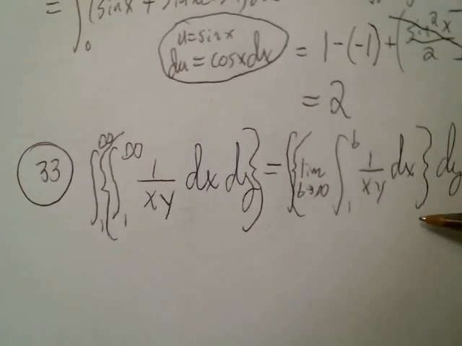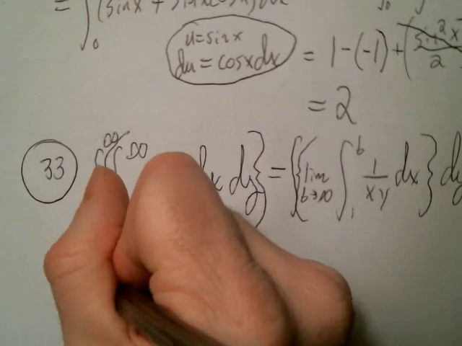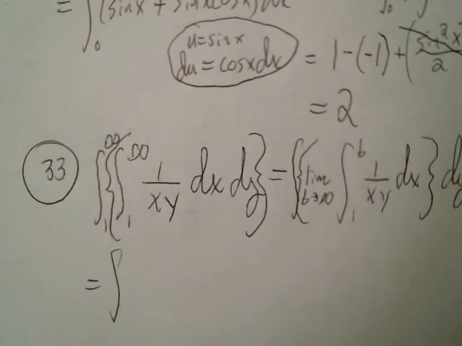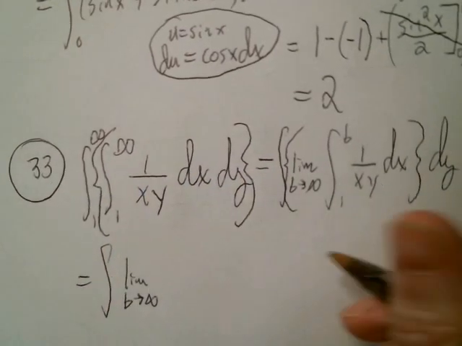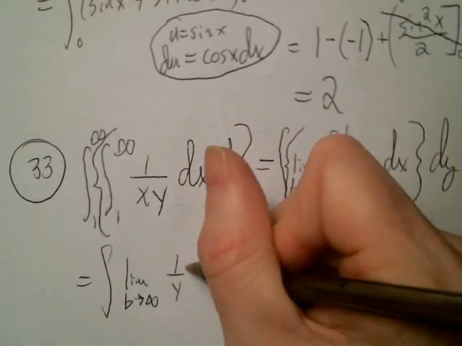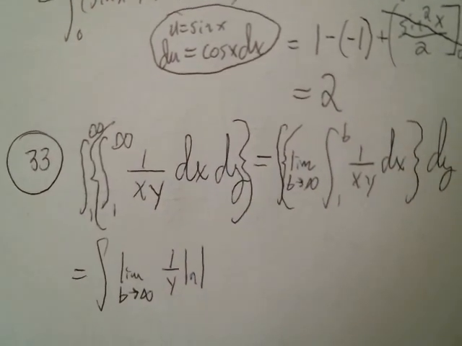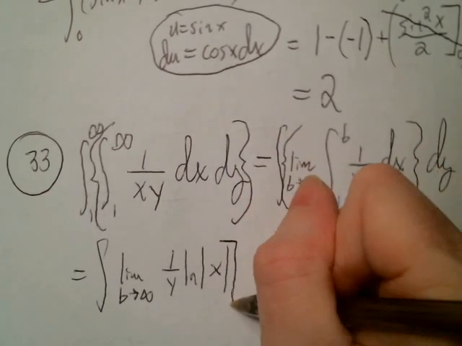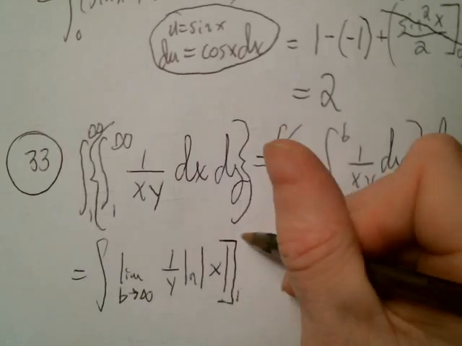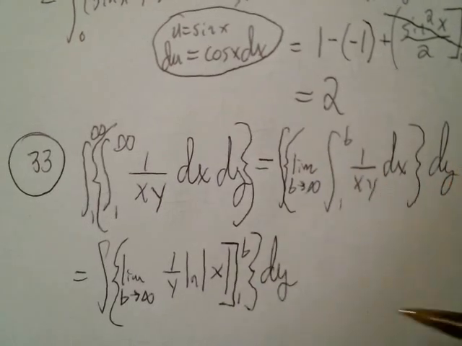So I need to integrate this with respect to x, and that's just going to be the ln of the absolute value of x. You can factor out the 1 over y, right? So it's going to be the integral of the limit as b goes to infinity of 1 over y times the ln of the absolute value of x, and we are evaluating that from 1 to b, and then we need to integrate that with respect to y.